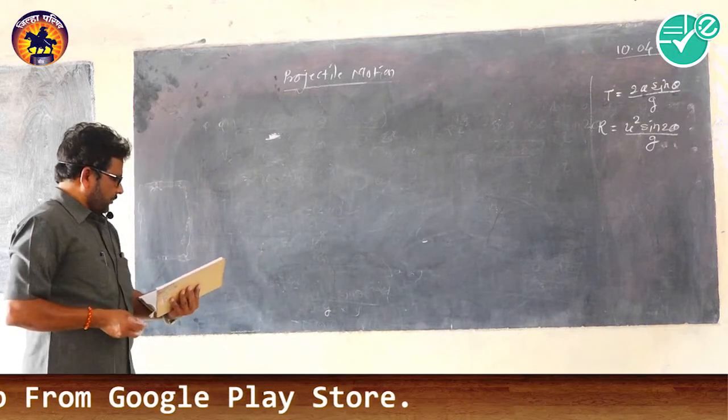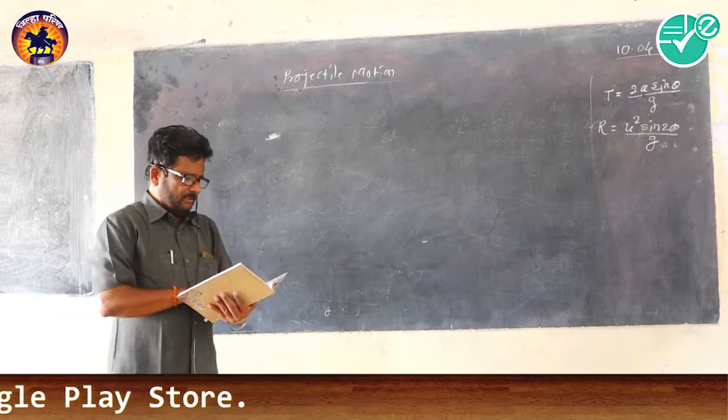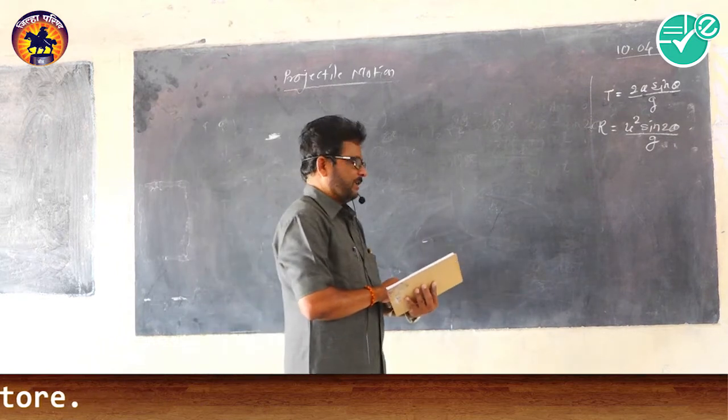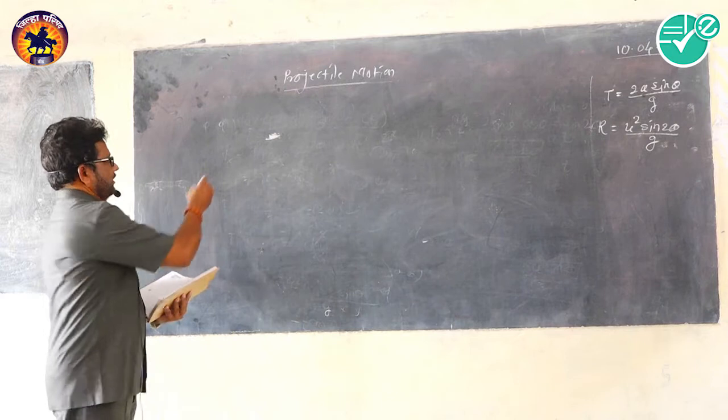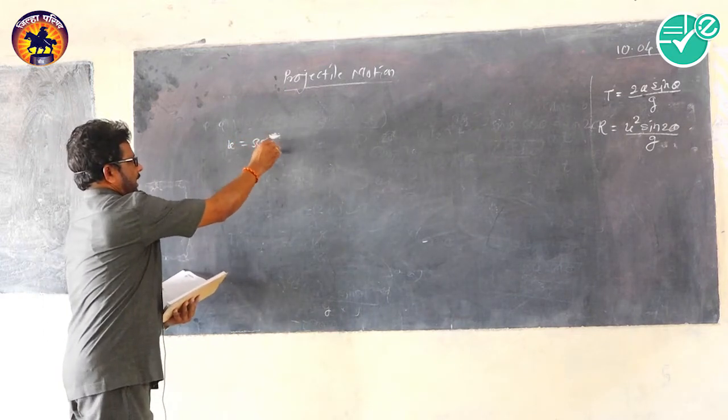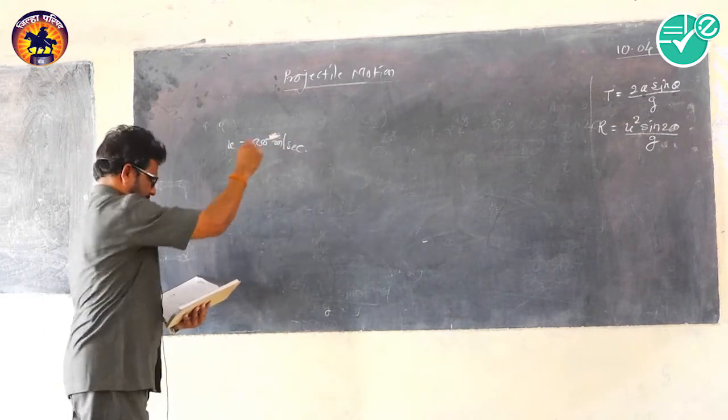Next, suppose a bullet is fired from a gun with velocity 500 meter per second. Initial velocity u is equal to 500 meter per second.